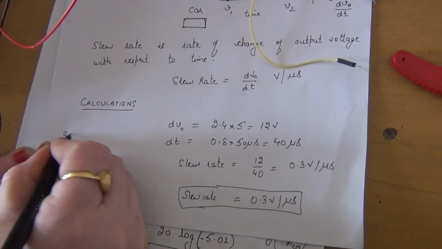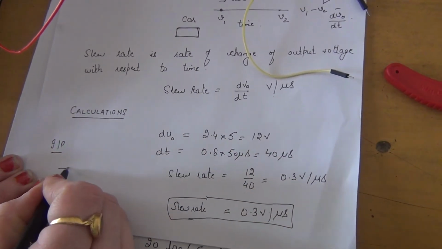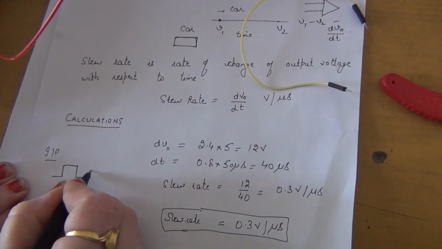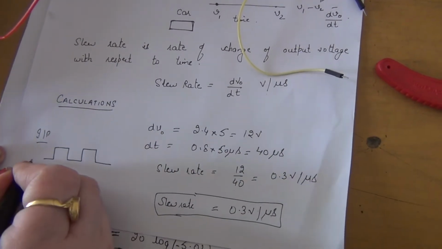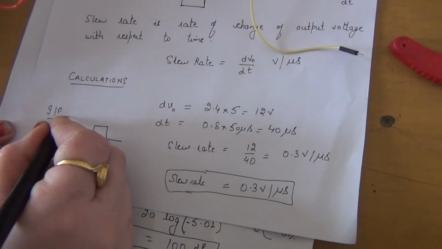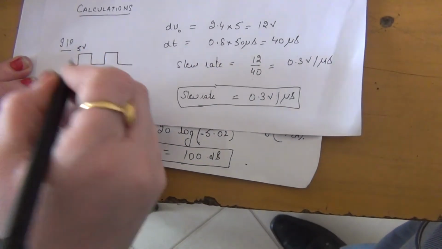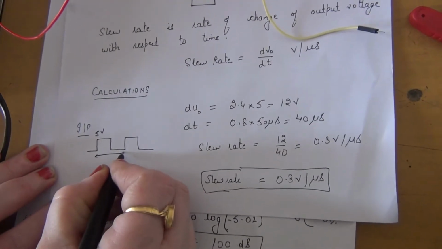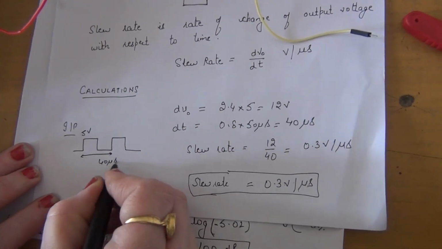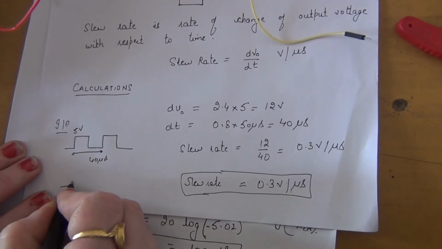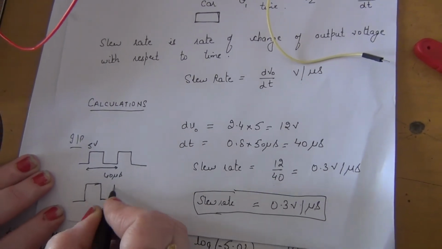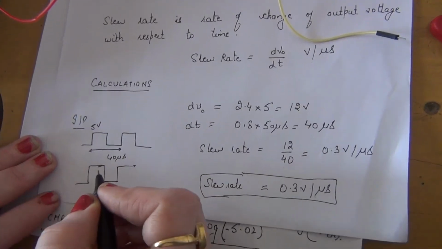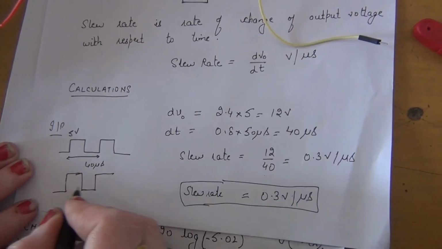At the input we give a square waveform, and suppose it is of 5 volt and it will complete in 40 microsecond. In the output, ideally it must reach 5 volt in no time, but it doesn't happen.